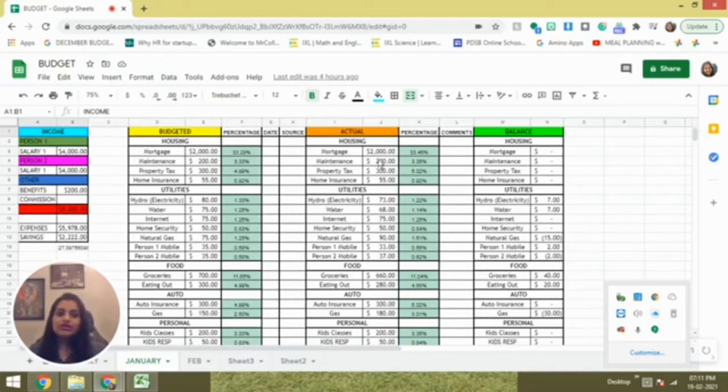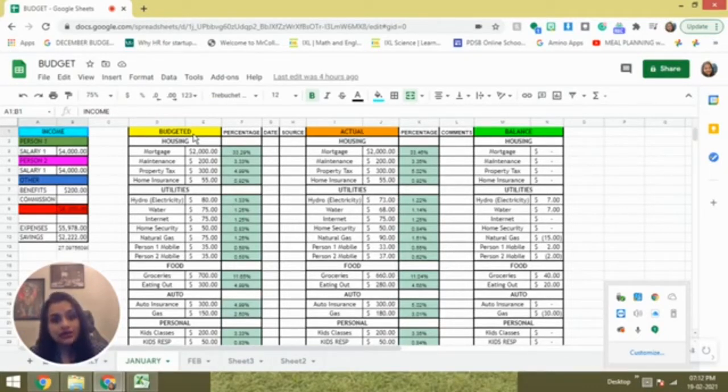So let's jump into the expenses. Expenses I've divided into three different categories: budgeted, actual, and balance. Budgeted means what you're foreseeing for that particular month, how much you're planning to spend. Actual is what you're actually spending, and the balance is obviously budgeted minus actual.